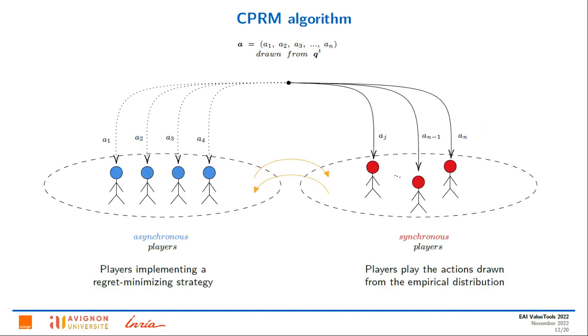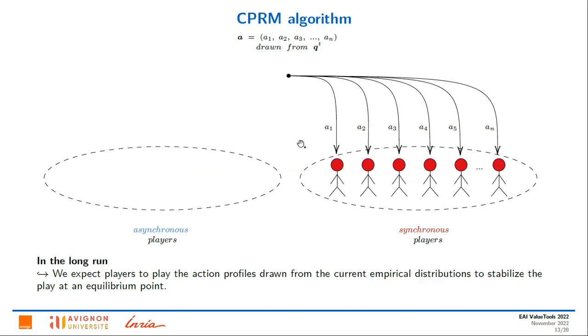More precisely, asynchronous players are going to be implementing a regret minimizing strategy, while the synchronous players play the component of the action profile drawn from the empirical distribution at time t. So in the long run, what we expect is that players are going to be playing the action profile drawn according to the empirical distribution, which will, in the long run, stabilize the play at an equilibrium point.